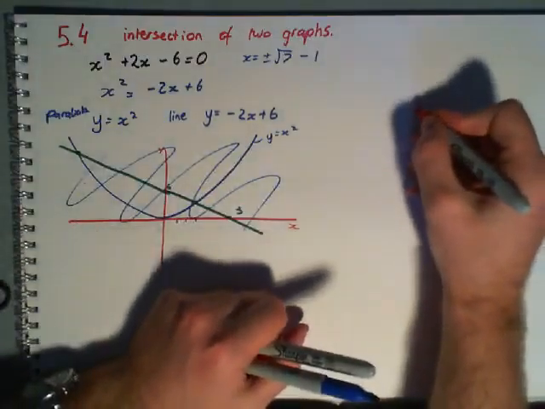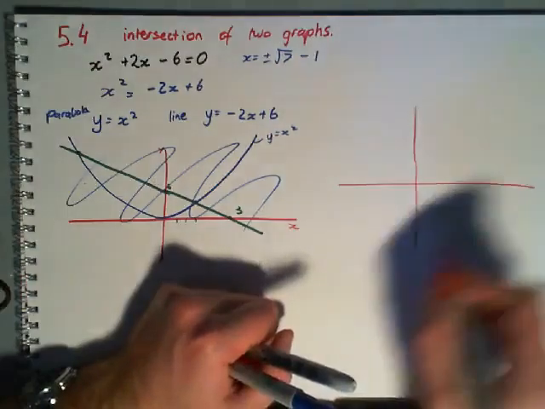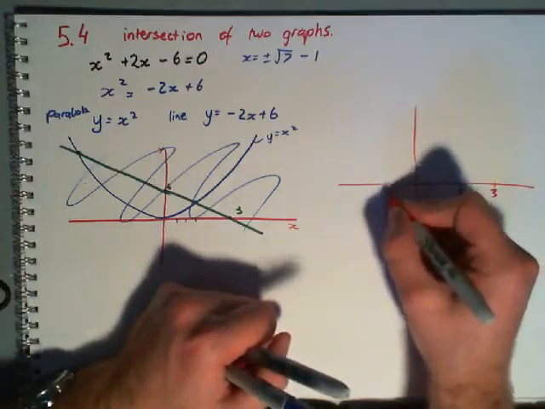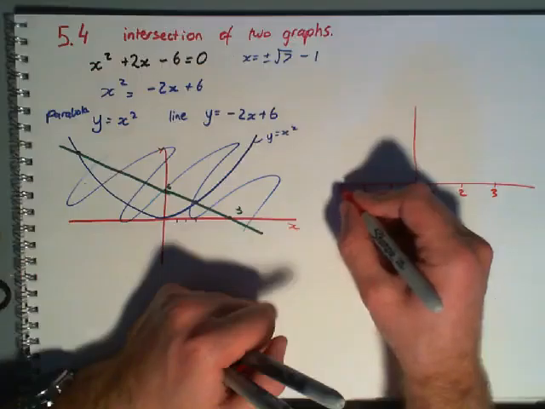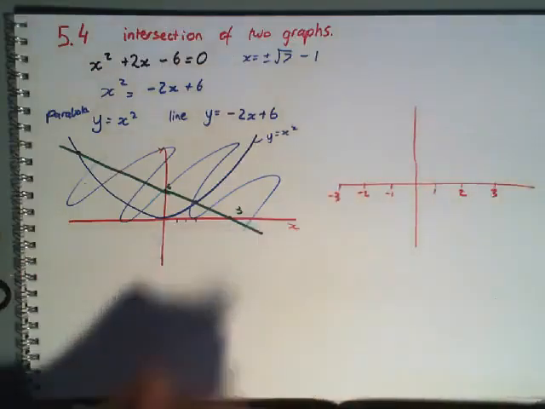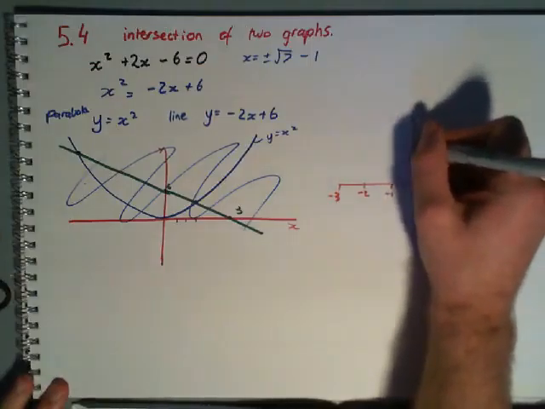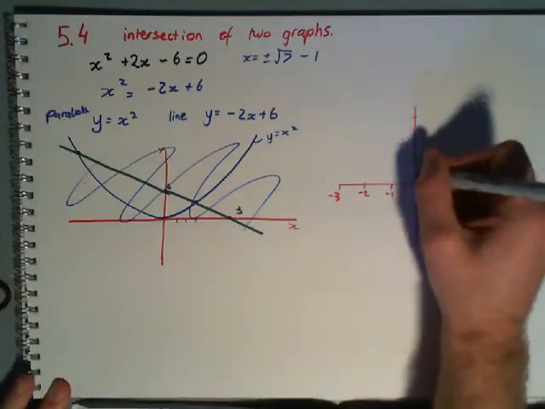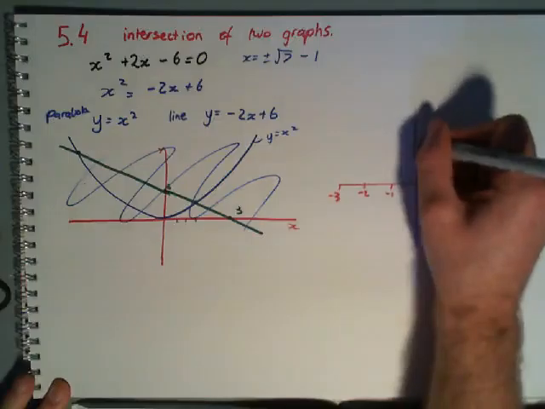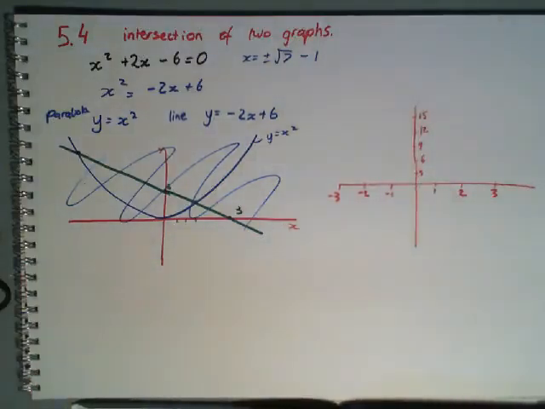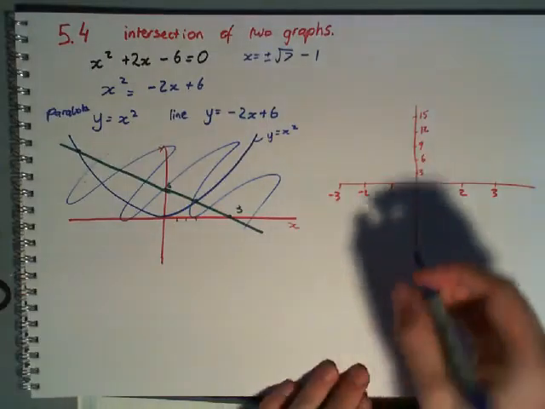Okay, let's use some coordinates. I actually should have put them in. So let's go 1, 2, 3, minus 1, minus 2, minus 3. And we'll go 3, 6, 9, 12, 15. Okay, x squared graph.